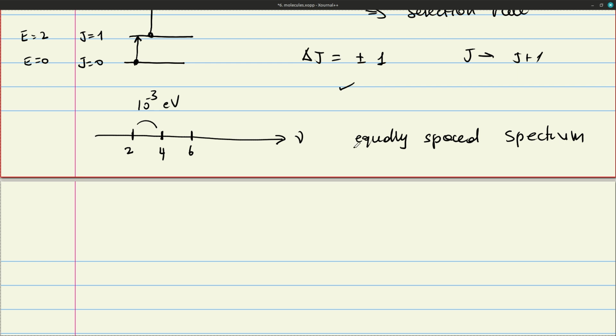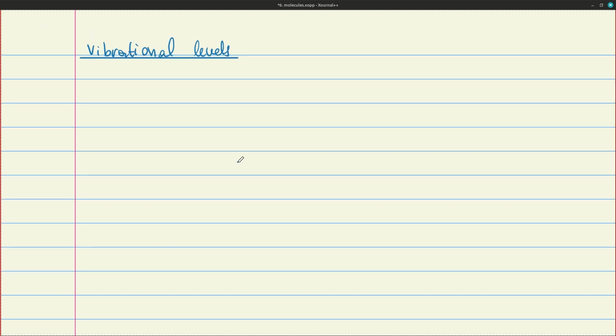So now let's look at the next one, which is vibrational levels. If you remember last time we said here is the total potential.